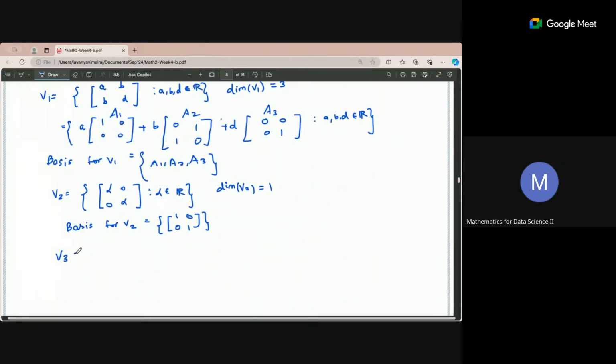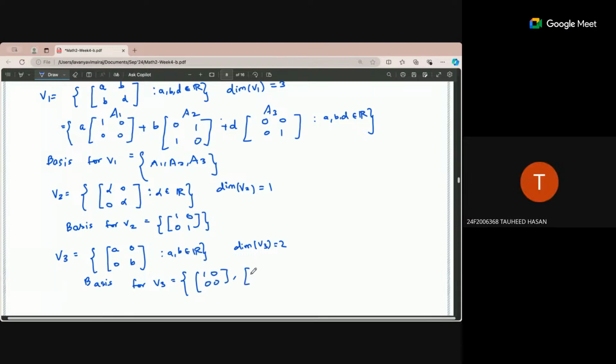So we can write [A, 0; 0, B], A, B in R. What can be the dimension for V3? 2. And what can be a basis for V3? Dimension is 2. The basis is [1, 0; 0, 0] and [0, 0; 0, 1].